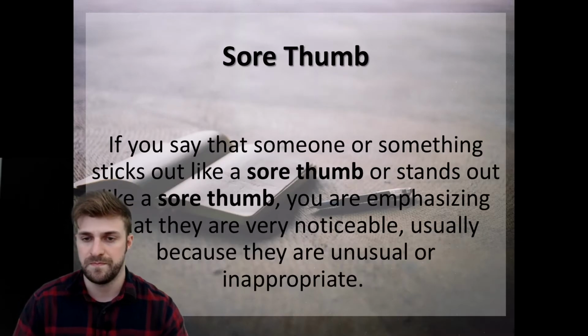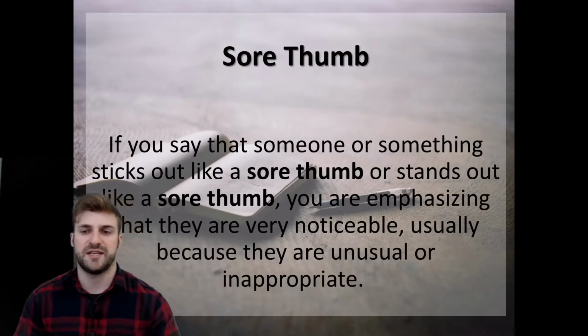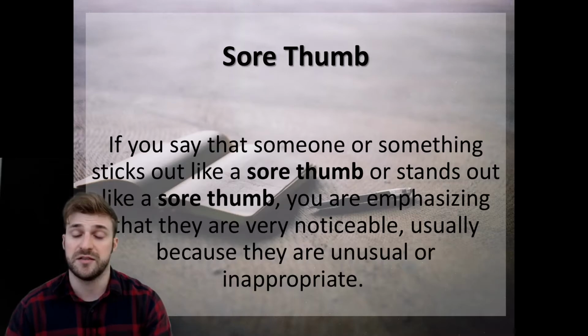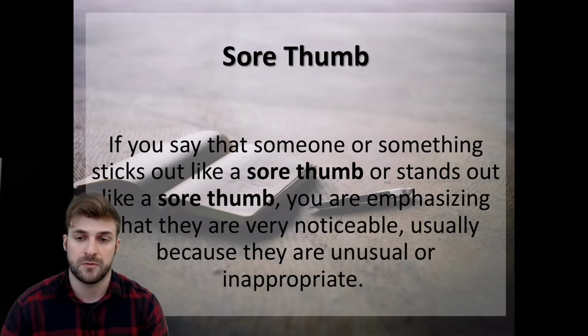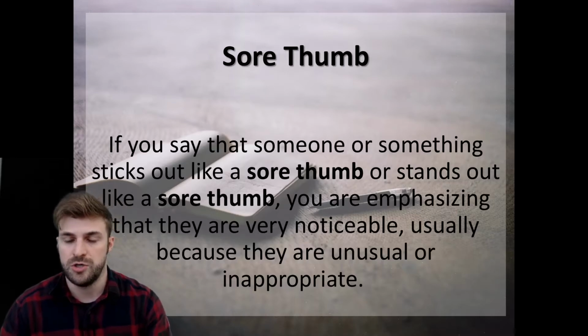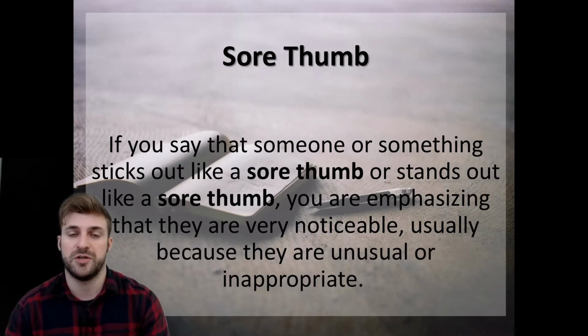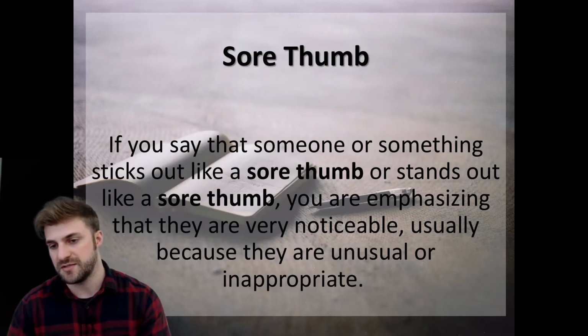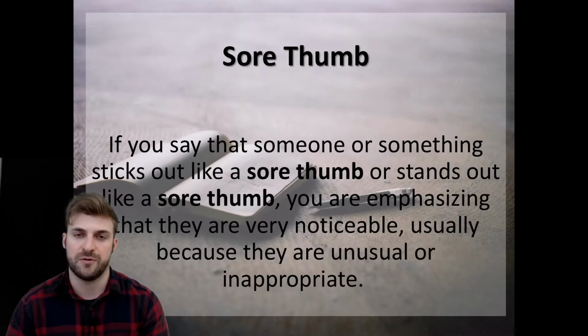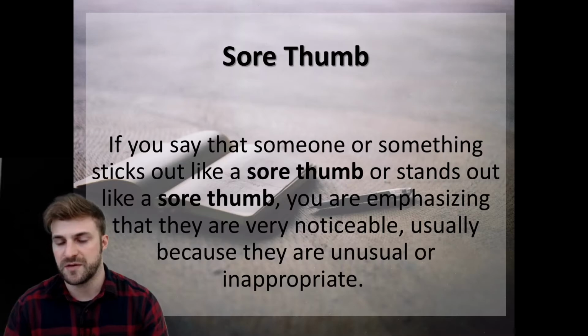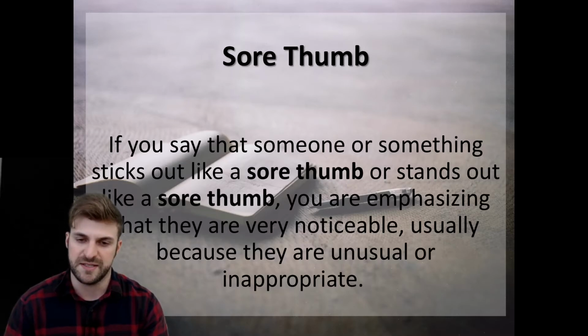A sore thumb: if you say that someone or something sticks out like a sore thumb, or stands out like a sore thumb, you are emphasizing that they are very noticeable, usually because they are unusual or inappropriate. Now, we usually use this in a negative connotation, but for some examples, it doesn't always mean it's negative.